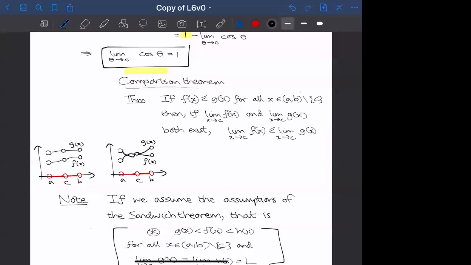And so in that case, the limits could be the same. And that's shown by this less than or equal sign here.